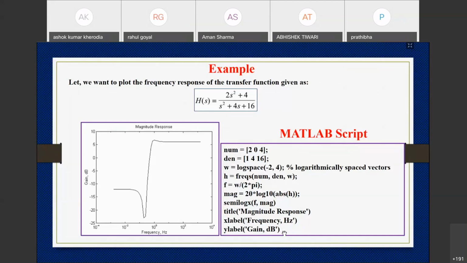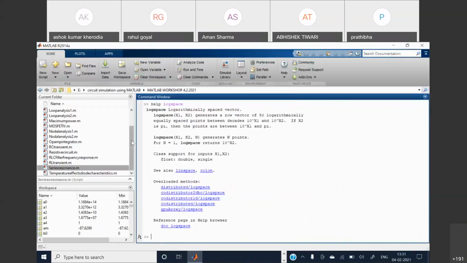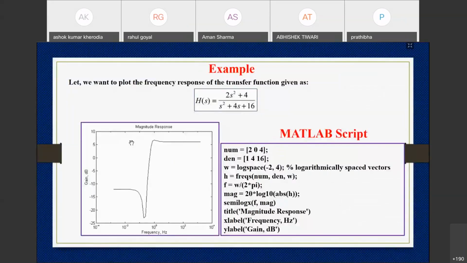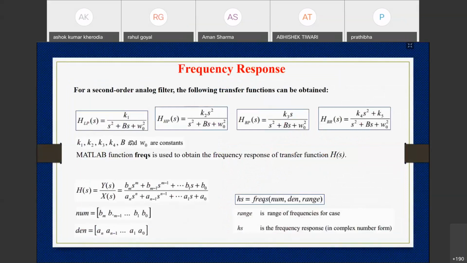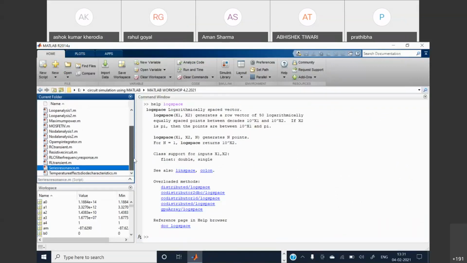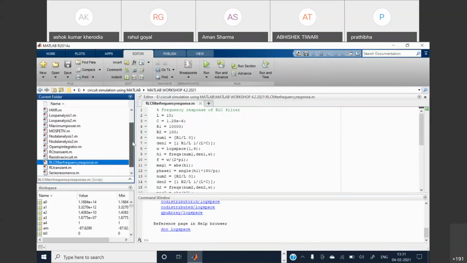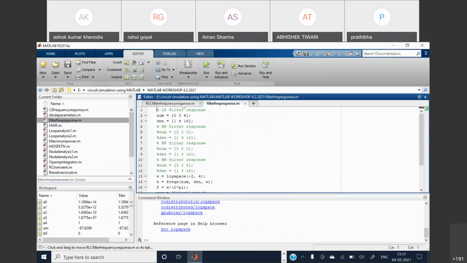So if I'm running this, this was your frequency response. See here, this is the case.